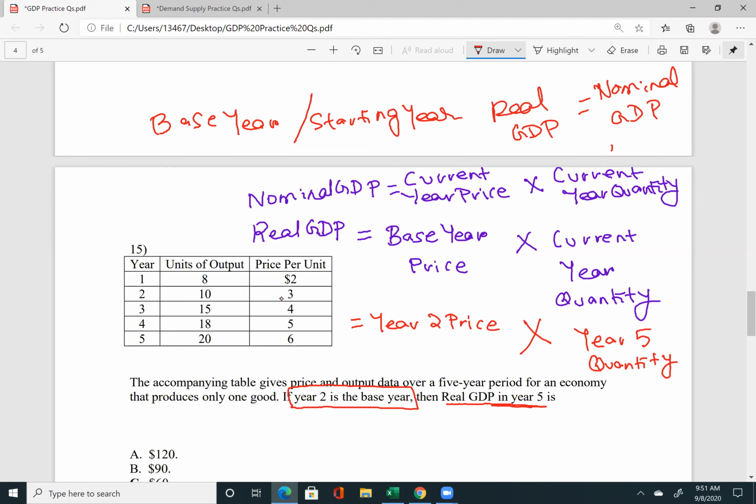My year 2 price is equal to $3. Year 5 quantity is 20. So my answer will be equal to 60. This is how you do the real GDP calculation.